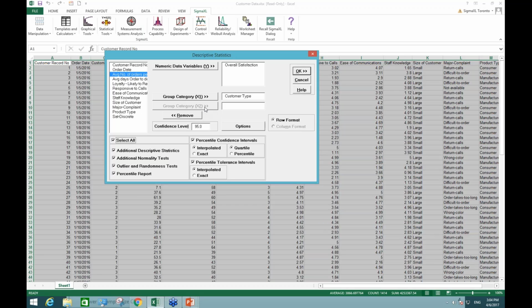So it's a cleaner format, row format, and only allowing one group category. We have some options here I'll talk about in a moment: interpolated or exact for confidence intervals, quartile or percentile. Actually, I'm going to change that to percentile. And under percentile tolerance intervals, again, interpolated or exact. I'll leave that as interpolated, and we'll talk about that in a moment.